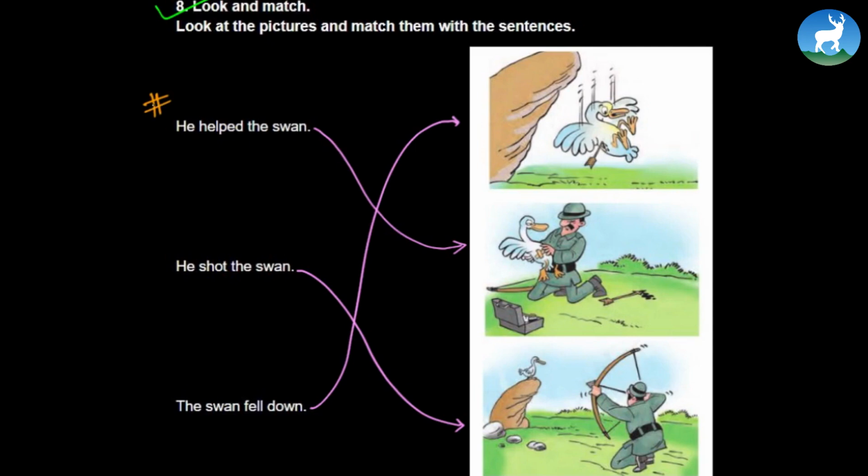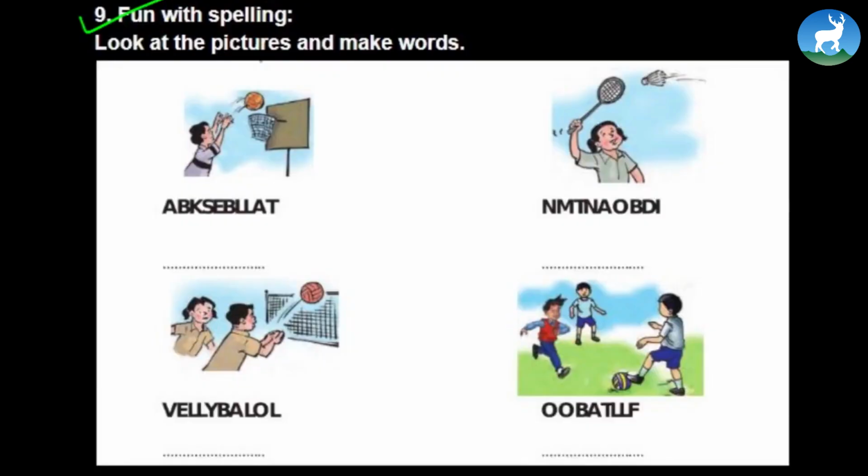Now let's move on to the grammar portion. Let's look at the first picture. There's a boy who's playing basketball, and now you've got to correct the spelling. Look at the spelling, it's all jumbled and it's wrong. Let's try to correct it. So how do we spell basketball?